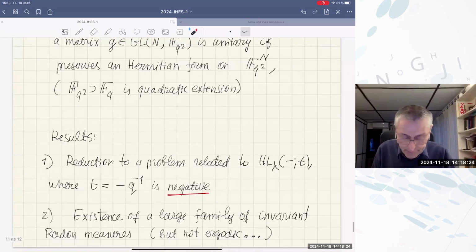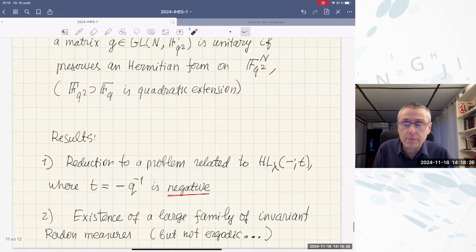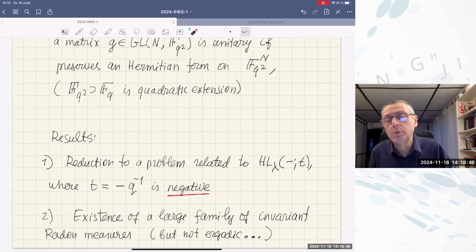What are our results? Because this is just the start of a project, I think the main result is that we managed to reduce our problem related to unitary groups to a problem of algebraic combinatorics, which is again related to Hall-Littlewood symmetric functions, but this problem seems to be much more difficult, at least at present.